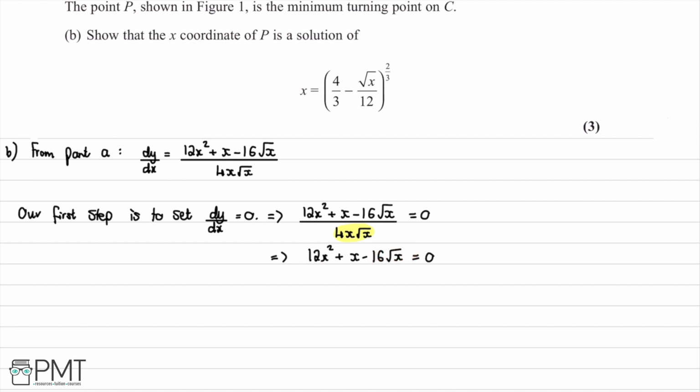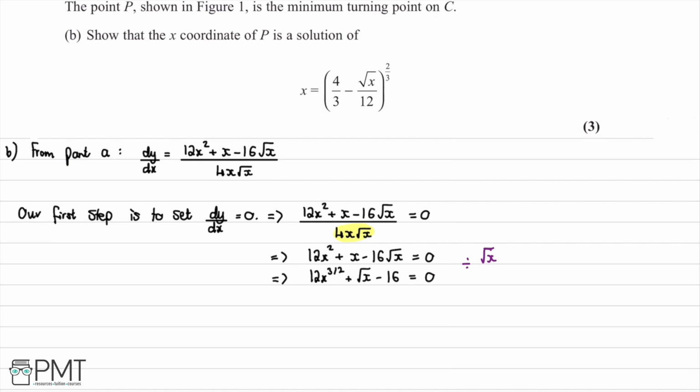So we can get rid of this as a first step by dividing everything by the square root of x. This is going to leave us with 12x over the square root of x, which is equal to 12x to the power of 2 minus a half, which is 3 over 2. Then we add on 1 minus a half, which is a half, so still root x, and then take away 16.